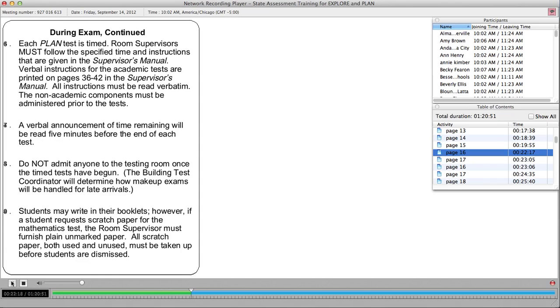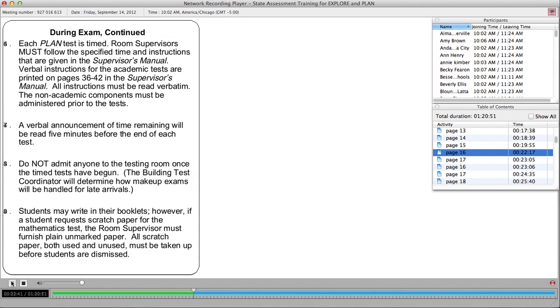Okay, during the exam, continue, number 46, each planned test is timed, and room supervisors must follow the specified time and instructions that are given in the supervisor's manual. They shouldn't refer to any other instructions except those in the written instructions that the room supervisor must read from the supervisor's manual.